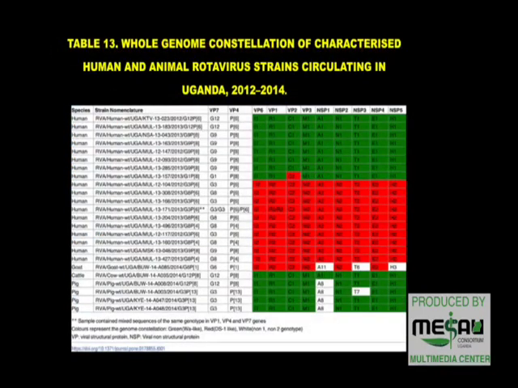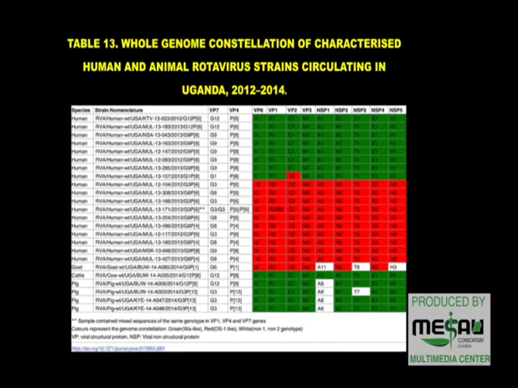So the results of study 3, remember I said we have 11 genes. So these are the different samples. For each of these human samples, we found this green refers to Wa-like genome, and the red refers to DS-1-like genome constellation.